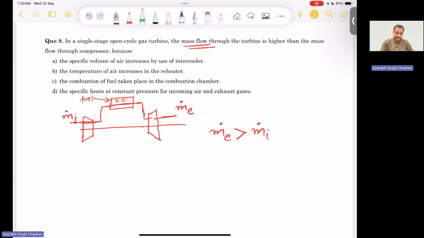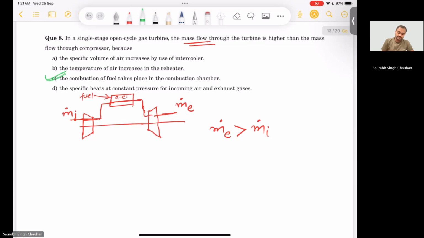The last option mentions the specific heats at constant pressure for incoming air and exhaust gases. Even if the specific heats change, it will not affect the mass flow rate. The mass flow rate is increased at the exit as compared to the inlet because we are adding fuel in the combustion chamber. So option C should be the correct option. This is because of fuel injection in the combustion chamber.